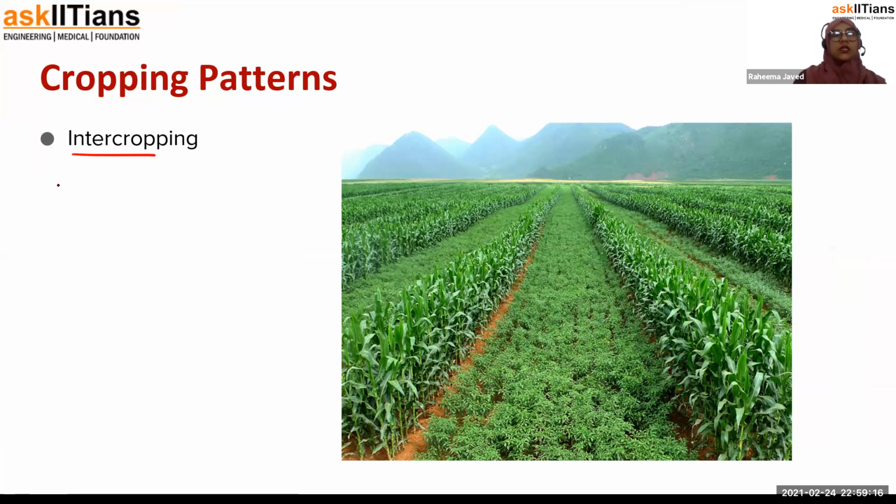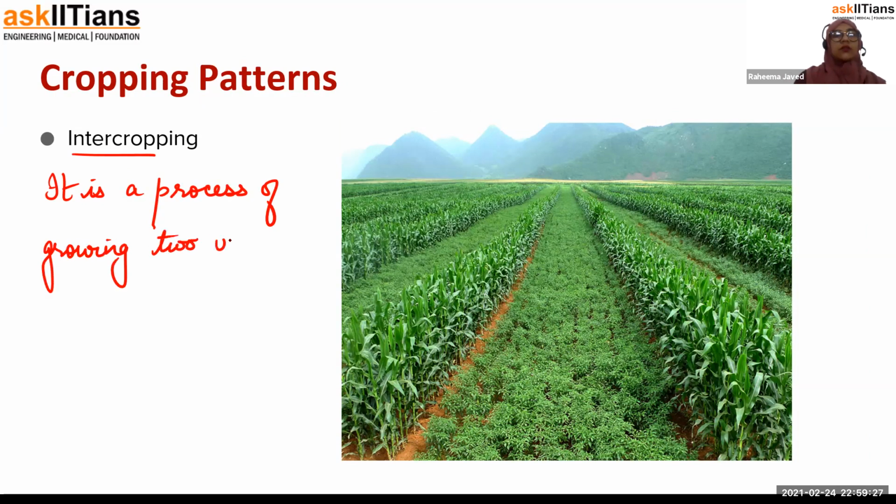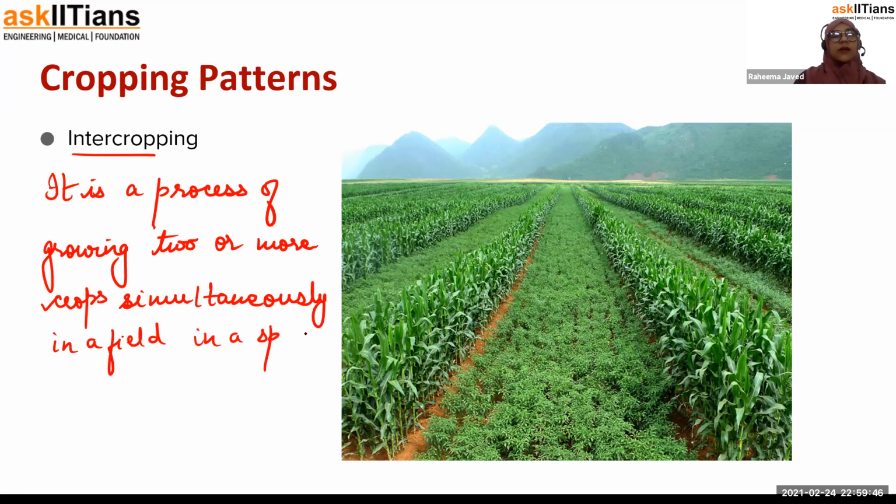Okay, so it is a process of growing two or more crops simultaneously in a field in a specific pattern.